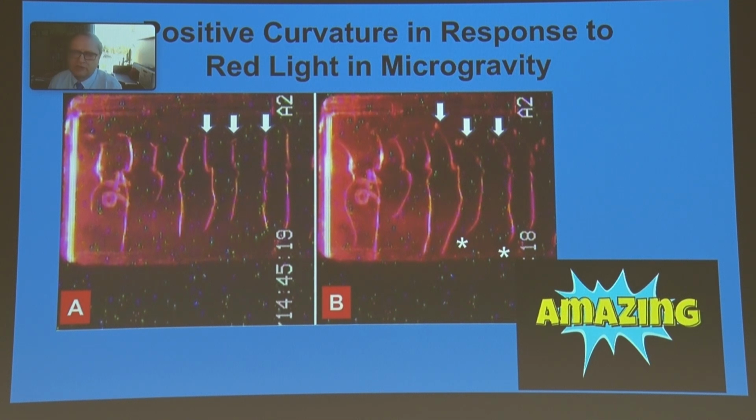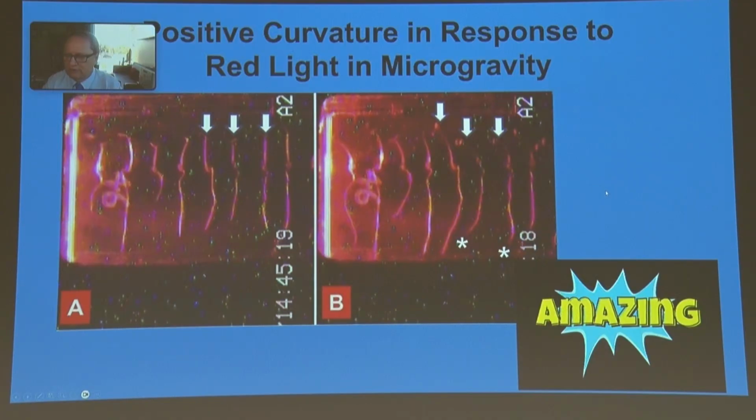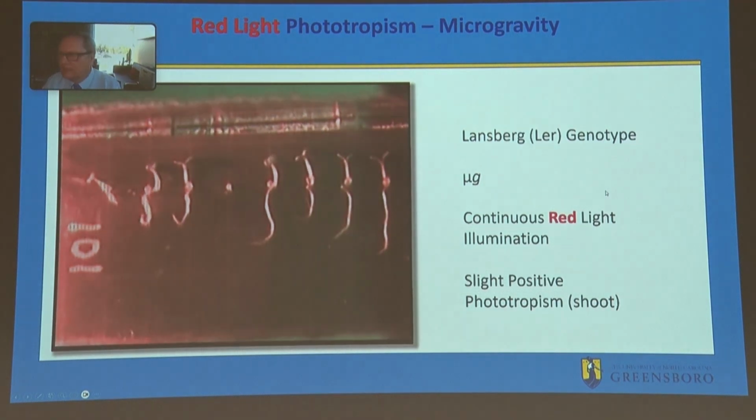The response for phototropic curvature on Earth is primarily due to the phototropins, the blue light. So blue light is what causes the plant to grow toward the blue component of white light. But nevertheless, in microgravity, we saw this novel response of positive phototropic curvature to red light.